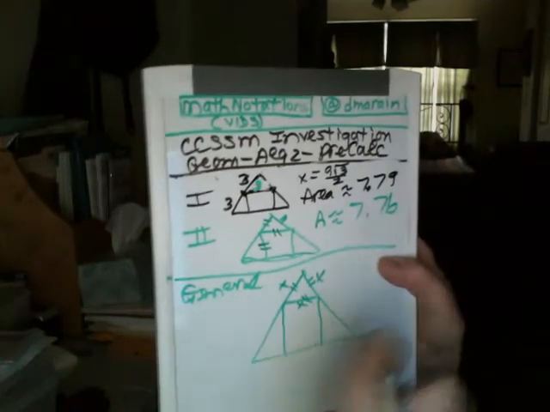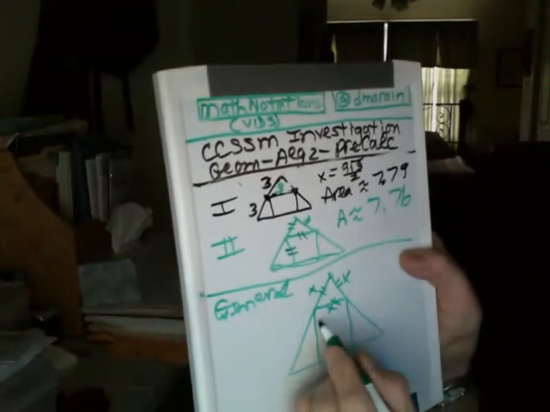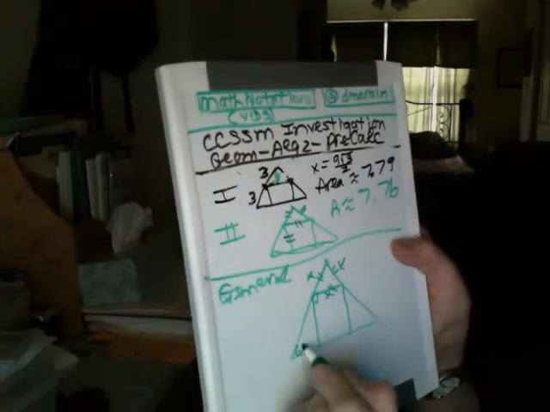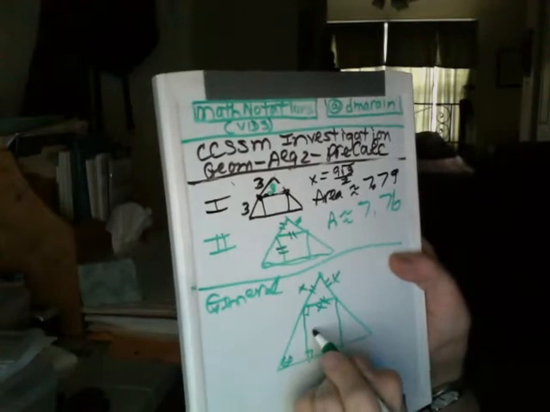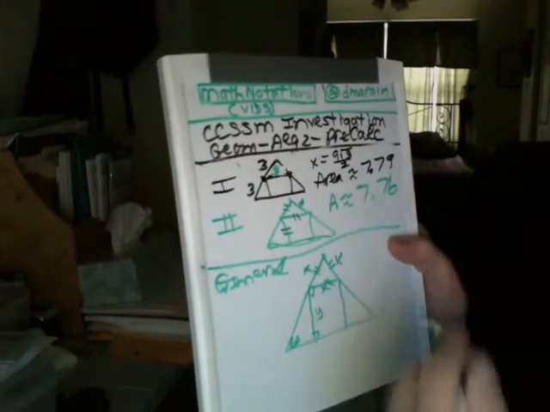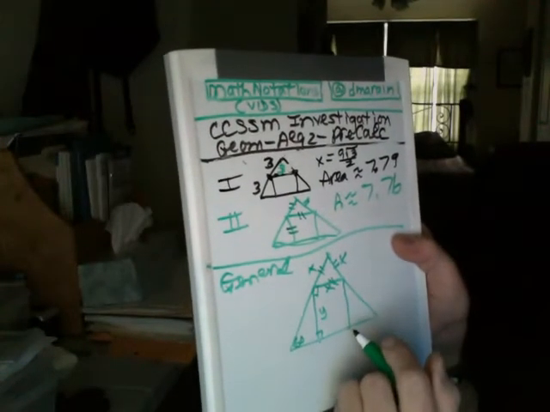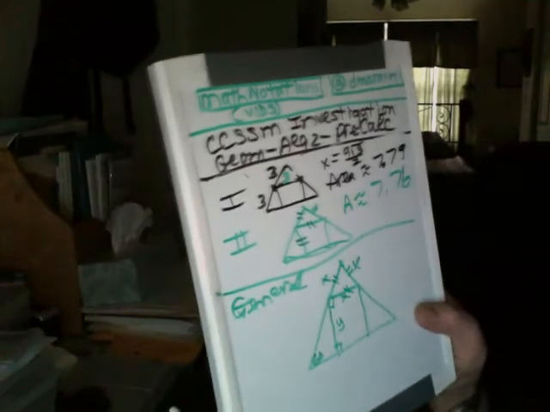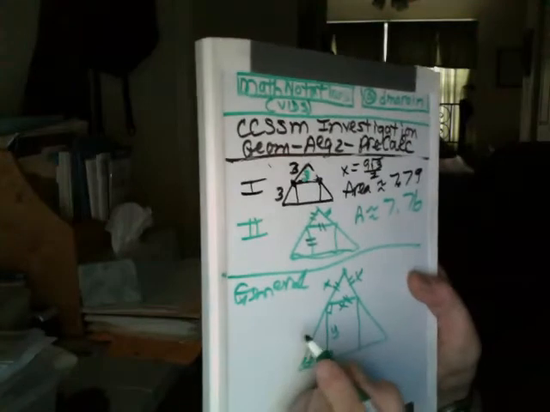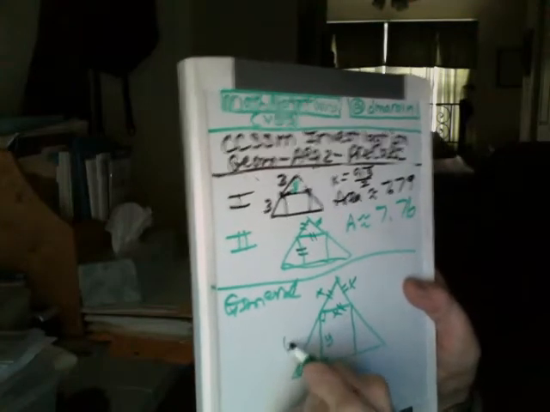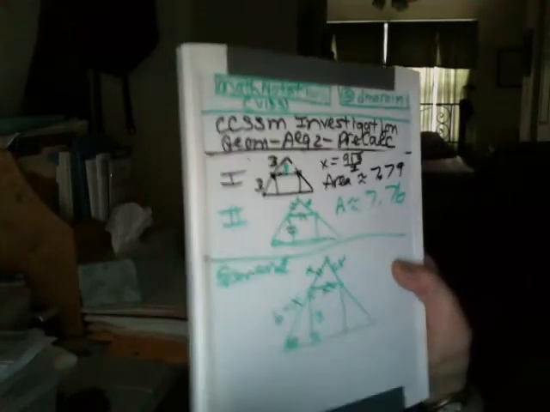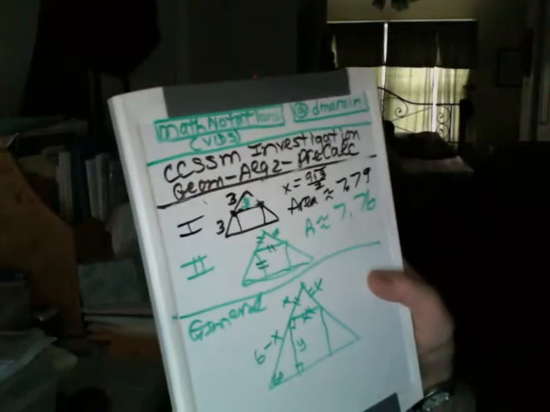And if I didn't stress that enough earlier, I should have. Once again, proper labeling, 30, 60, 90. We could call this Y, use 2 variables, but if this is X, this is once again 6 minus X. Everybody with me so far?